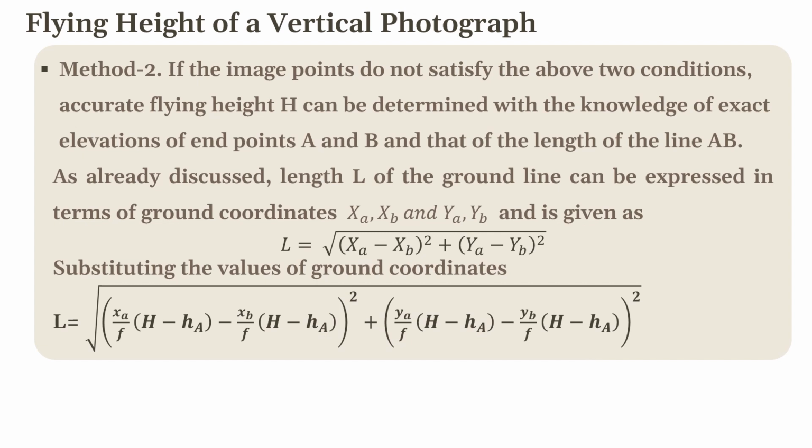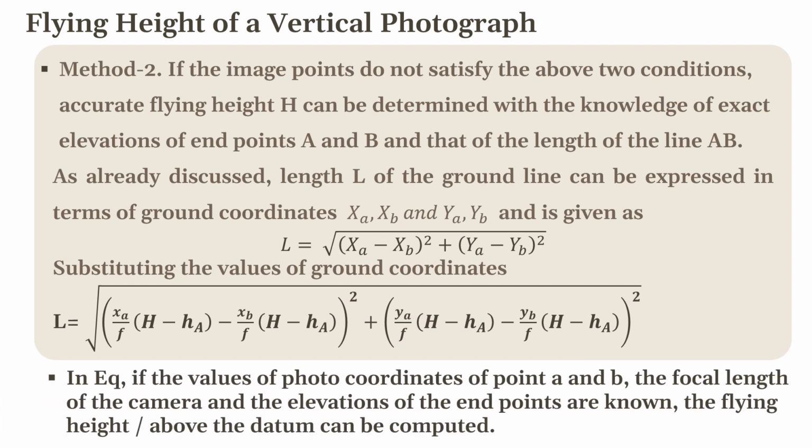So, we arrive at capital L is equal to root of (xa by f times (H minus HA) minus xb by f times (H minus HB)) the whole square plus (ya by f times (H minus HA) minus yb by f times (H minus HB)) the whole square.